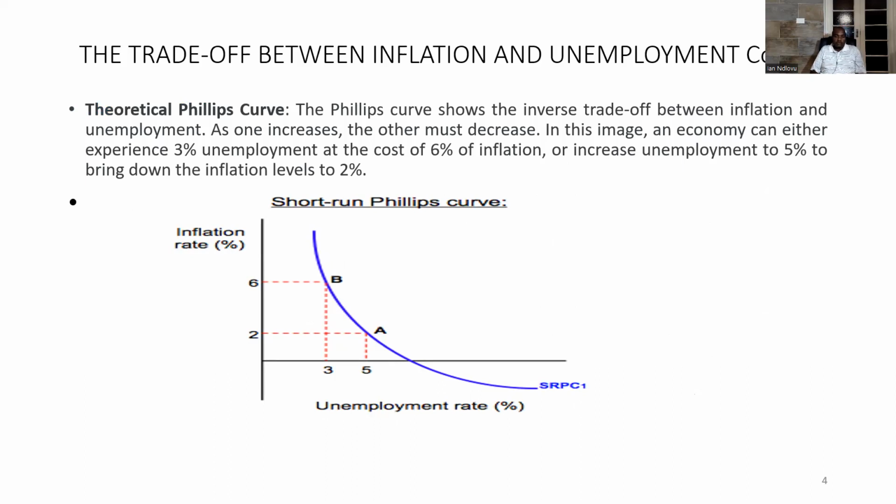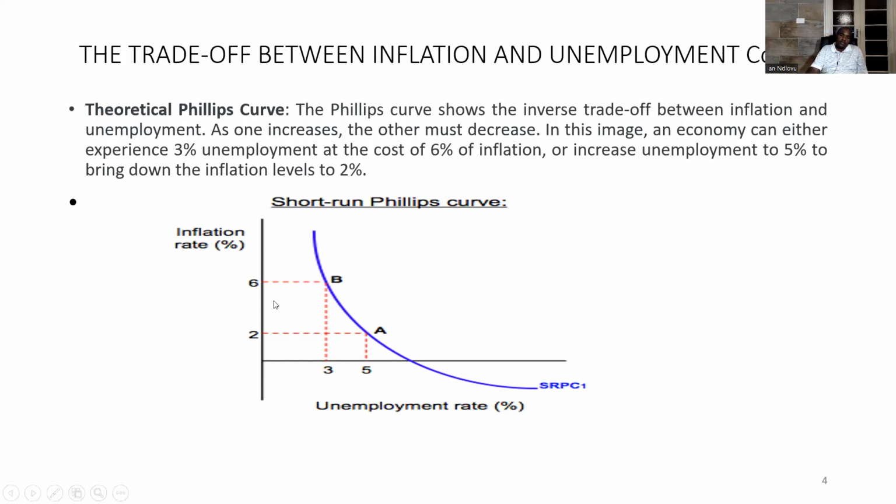In the image which is depicted, an economy can either experience a 3% unemployment rate at the cost of 6% inflation, or increase unemployment to 5% in order to bring down inflation by 2%.